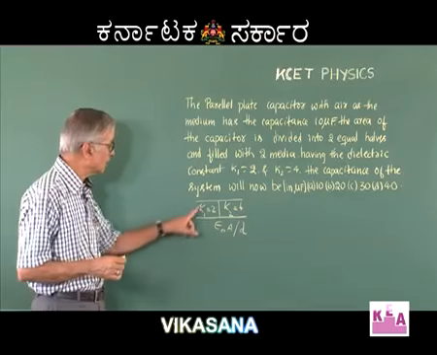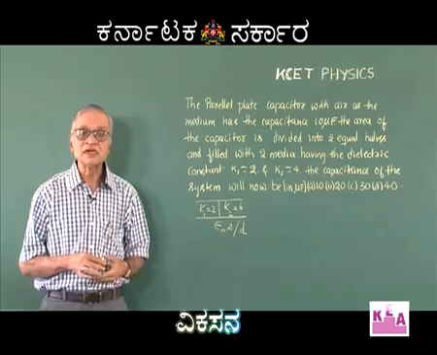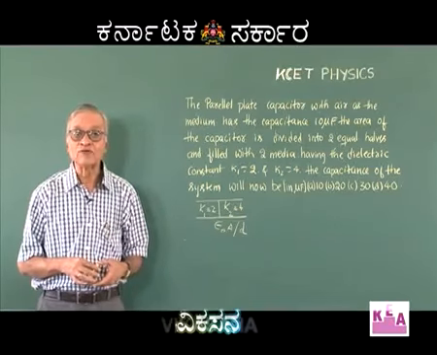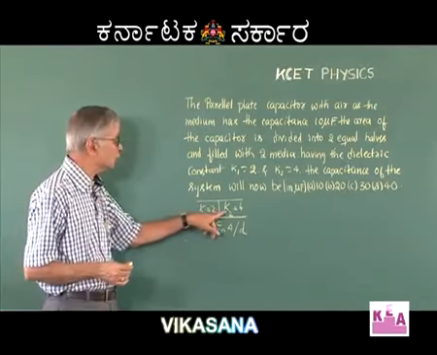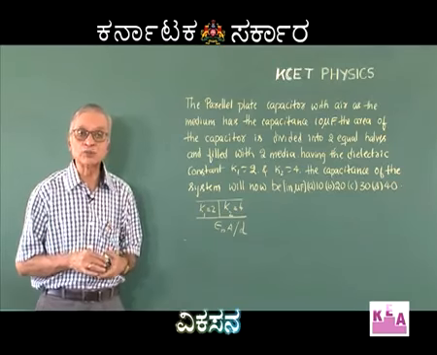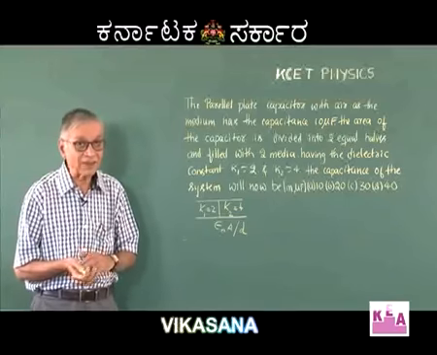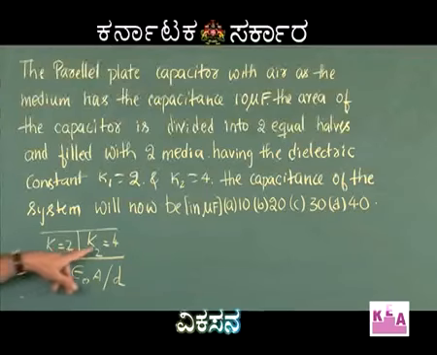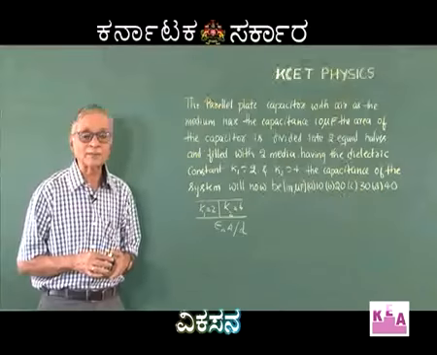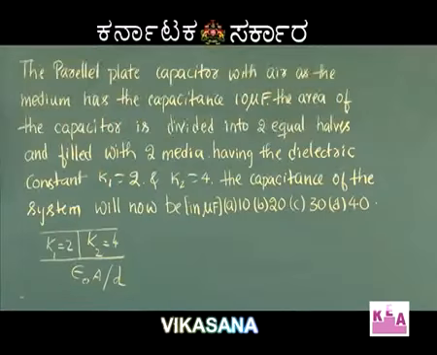Now note that similarly charged plates are connected together, and that is the criterion for parallel connection. So these two capacitors should be assumed to be connected in parallel. This is 10 microfarad, this is 20 microfarad, and 10 plus 20 makes 30 microfarad. Therefore, option C is the correct answer.